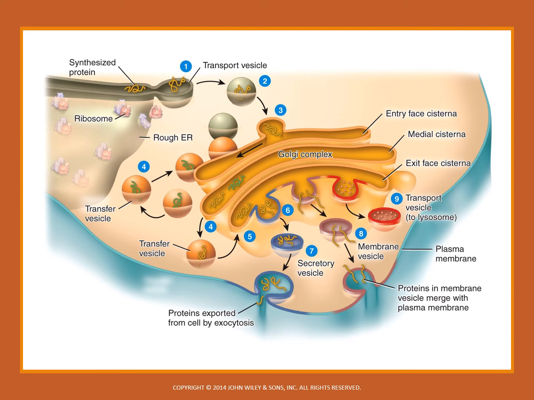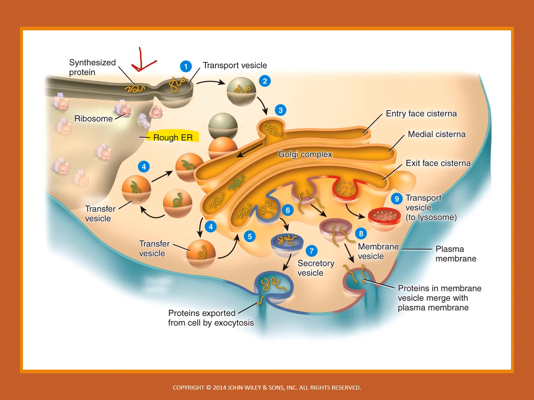As we can see a little bit better here, the cis face receives and modifies proteins that are produced by the rough ER. Over here we have the rough ER, right here.